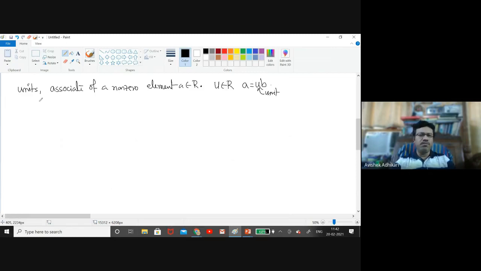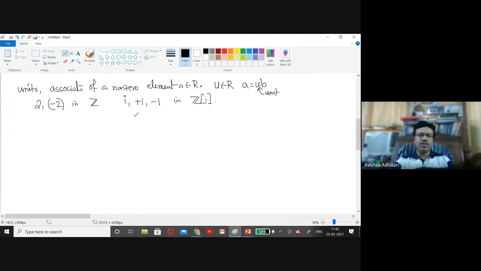For example, 2 and minus 2 are associates in Z. Again, in Z[i], are 1 and minus 1 associates in Z[i]?